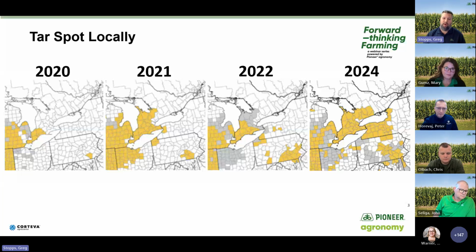And being aware of how wide the disease infection window is for tar spot is important, right? Because it's not just something that can be a real problem if it takes hold in early July or even June, right? But it can rapidly ramp up under the right environment in August too, right? So we have to be careful of how wide the infection window is and stay on top of it and be prepared by budgeting the right fungicide application and partnering that with good genetic selection as we go forward.